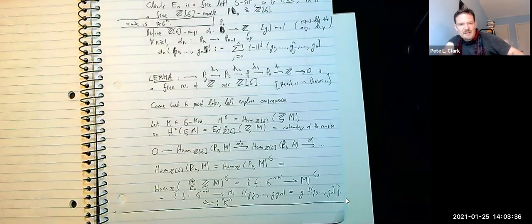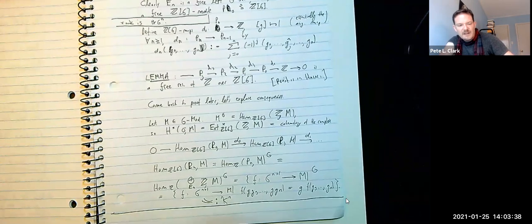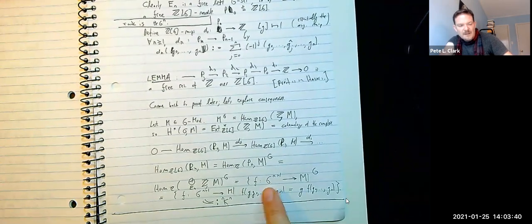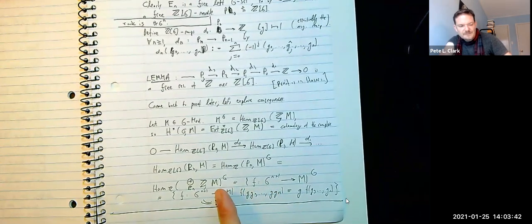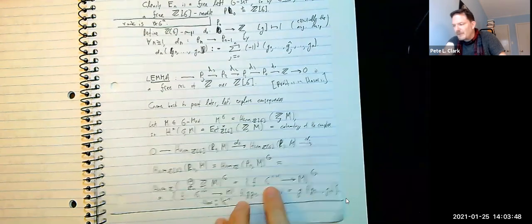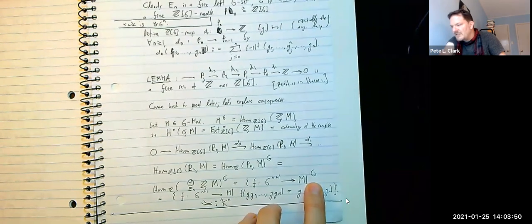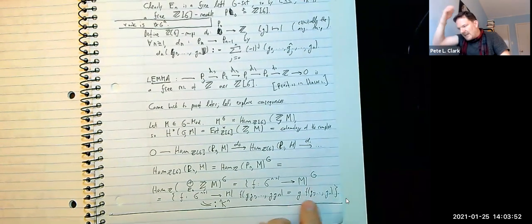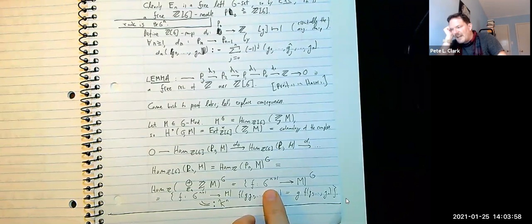One thing that could be even easier is that the terms in the cochain complex are not all maps from Gn plus 1 into M. They're only the G invariant ones, right? And again, the G action on Gn plus 1 is so simple. It's a free G action.